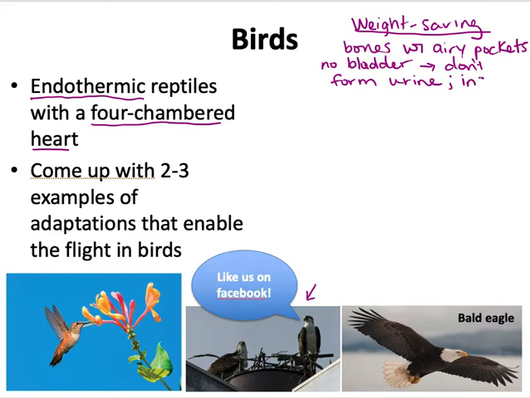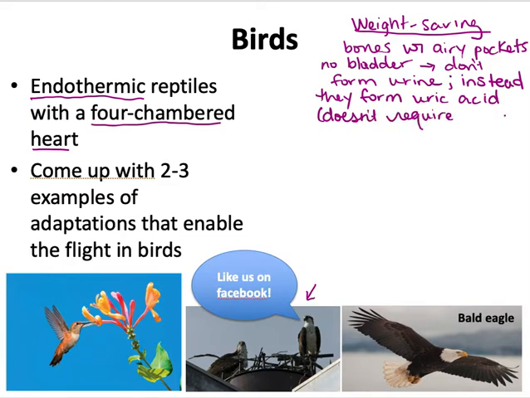Instead, they store their waste as uric acid, which is more of a hydrophobic paste, and so it doesn't require water, and it's just eliminated from the animal. So this uric acid doesn't require water to store it. So they will carry less water weight.